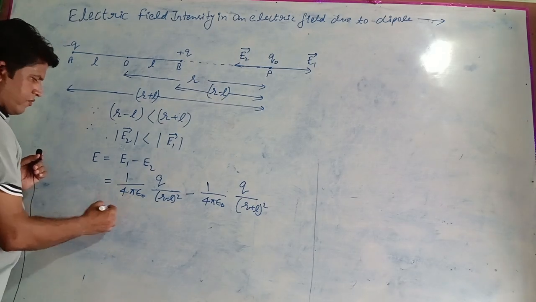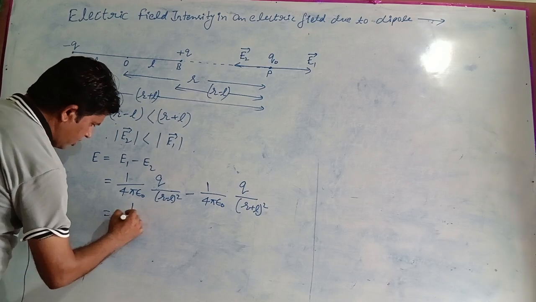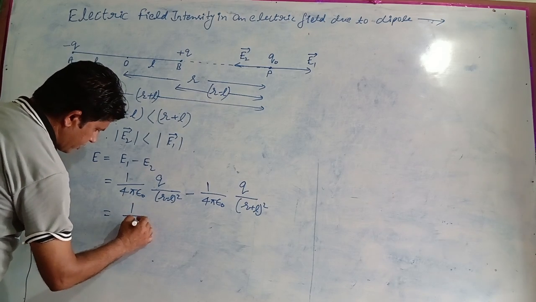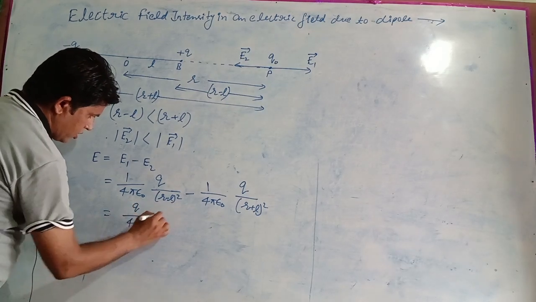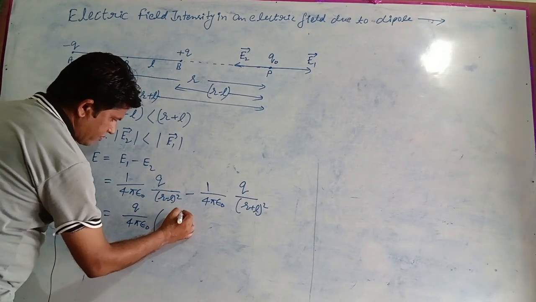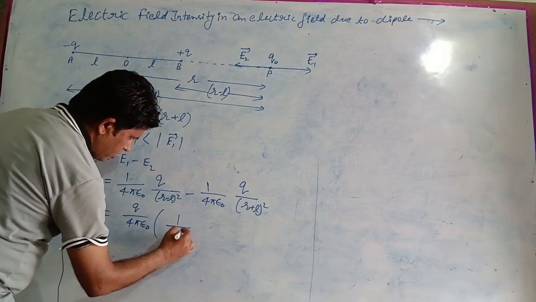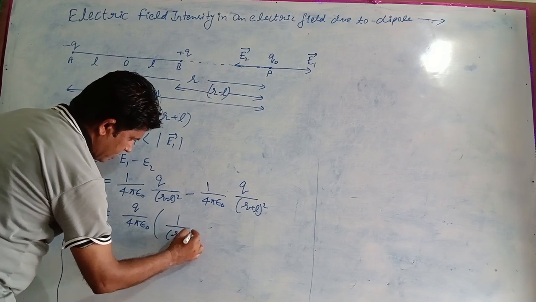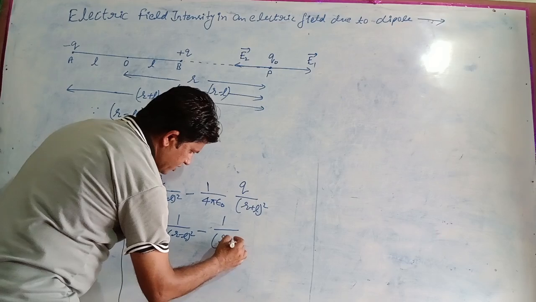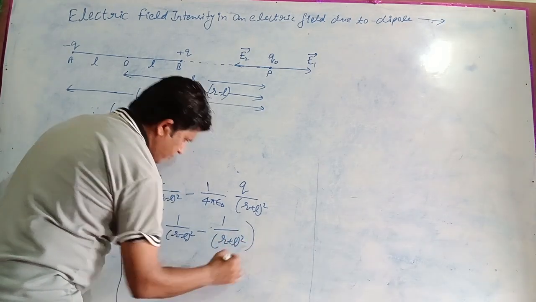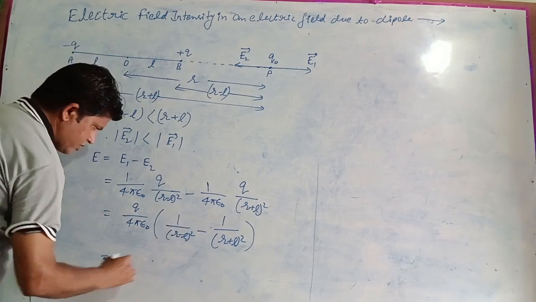So we have to take the common factor. The common factor will be 1 upon 4 pi epsilon naught, and you can write here Q. In the bracket we have 1 upon the whole square of r minus L minus 1 upon the whole square of r plus L. Now, you have to solve this bracket first.